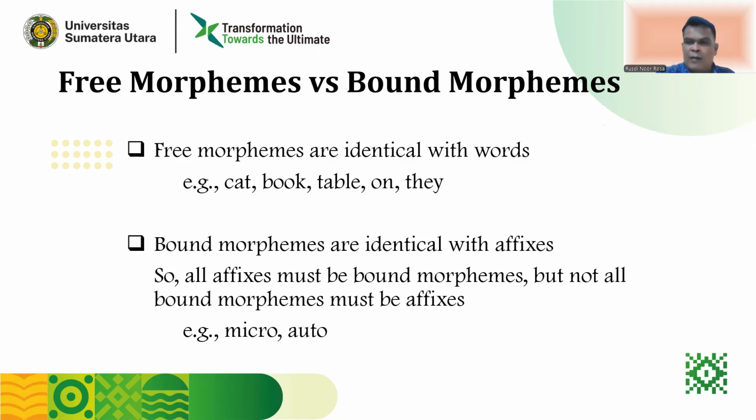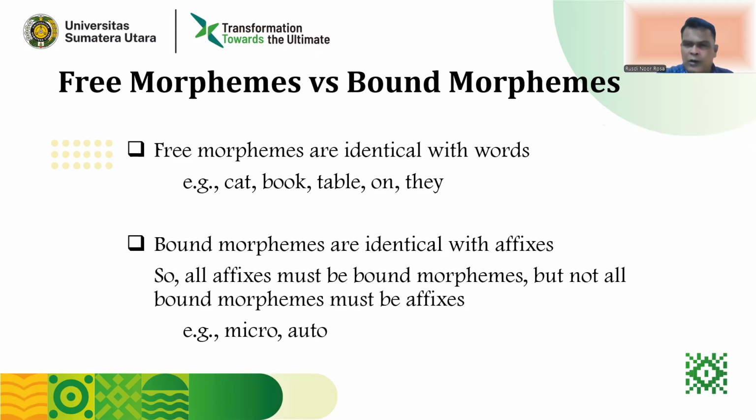For example, micro. You know, micro is not an affix. It has its own meaning, actually. It has its own meaning without being dependent on another morpheme. However, it cannot stand alone as a word.